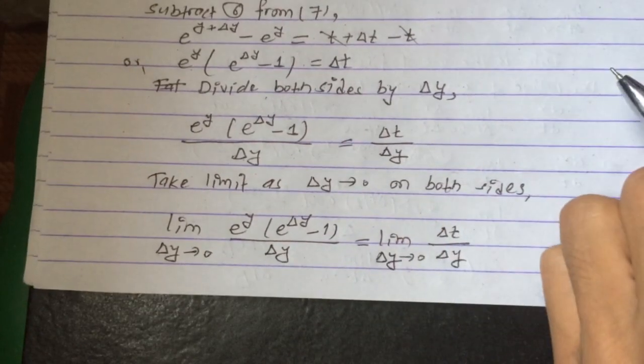And on the left hand side you can take out exponential y from the limit, because exponential y is independent of del y.